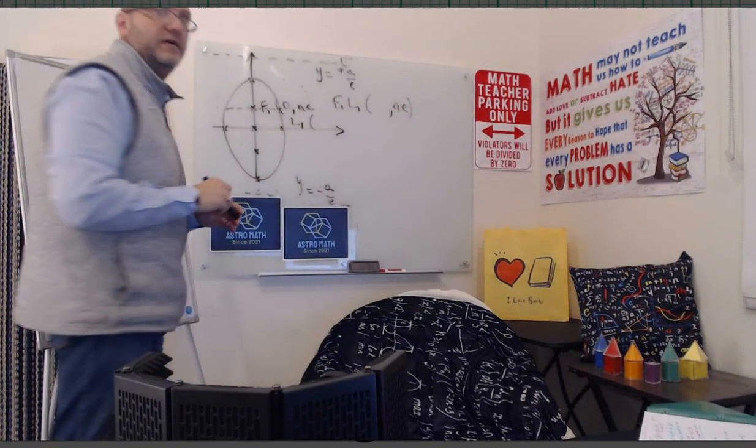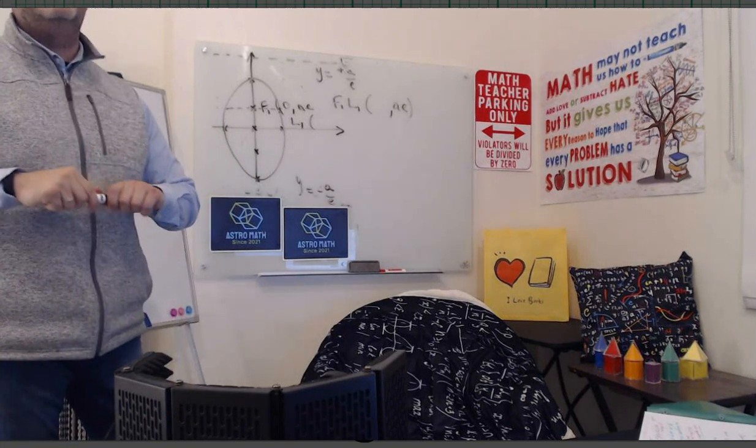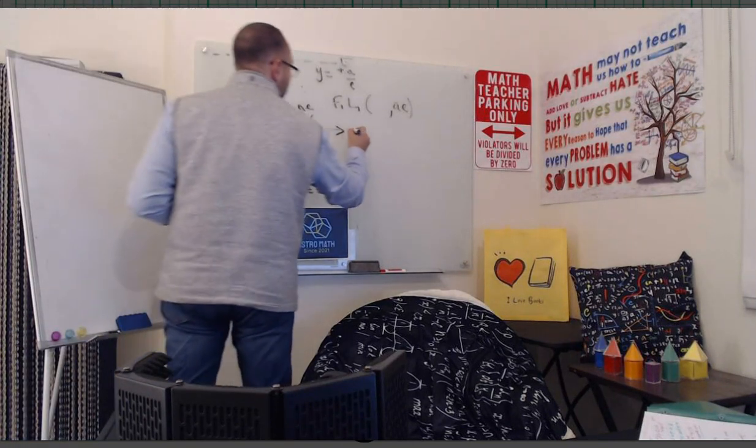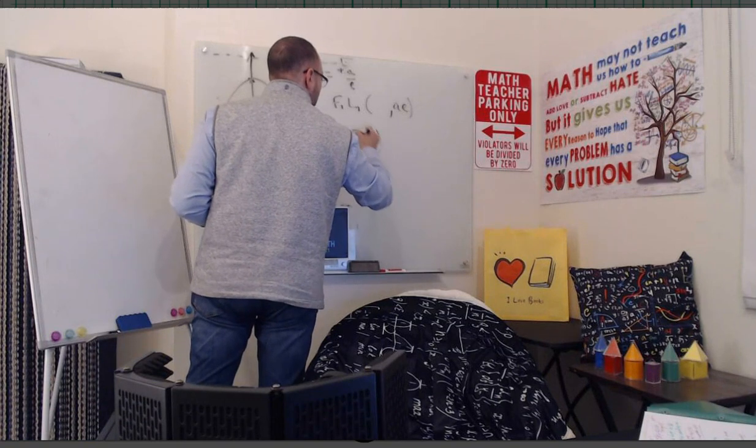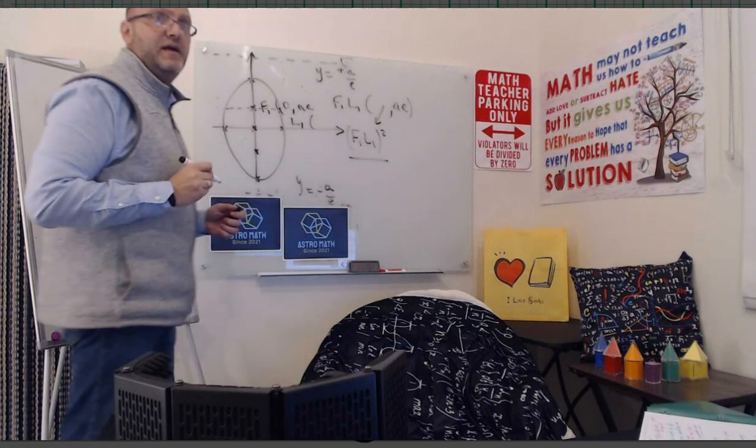What's the X coordinate? Again, you plug it in that equation because it's on the ellipse. But this time you do it like this. You go F1, L1 squared, because this is the X squared that we want. And you divide the whole thing by B squared.